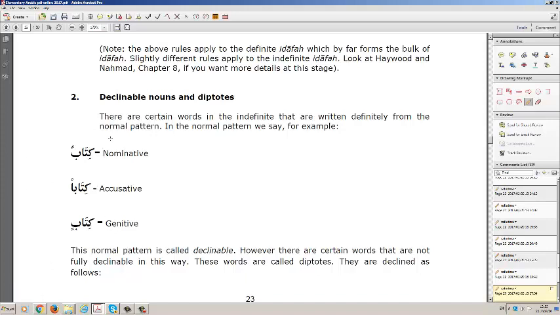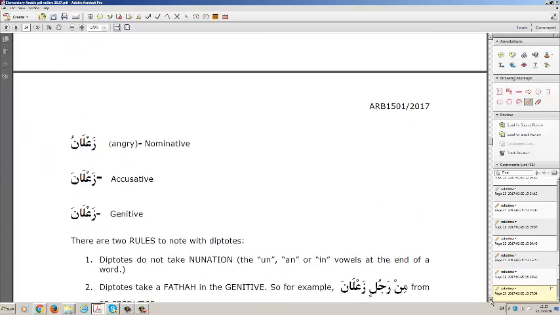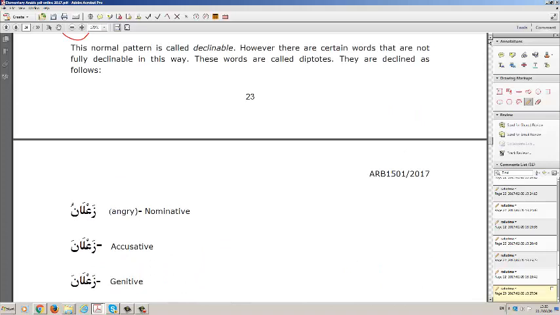For example, the word kitabun, which is normal, kitaban, kitabin. These are words that are indefinite and they are called declinable. Now there are certain other words which are also indefinite but which break from this rule. So for example, angry is za'alan. Za'alanu is angry. In the accusative it is za'alana, and in the genitive it is za'alana as well.